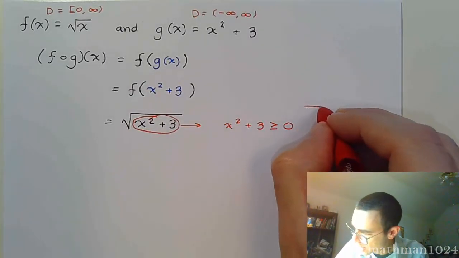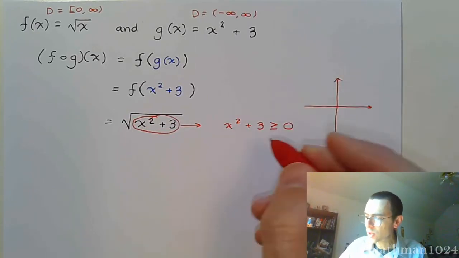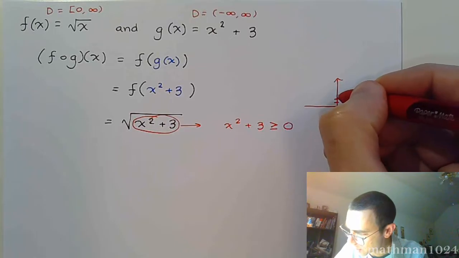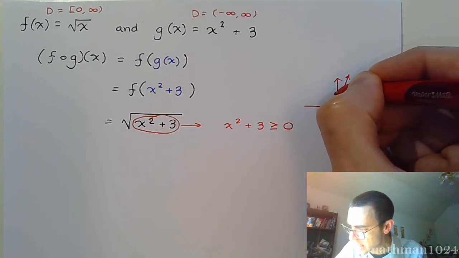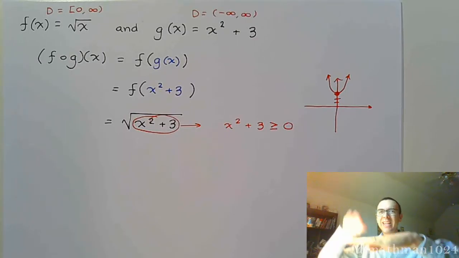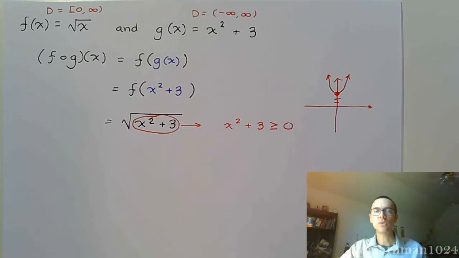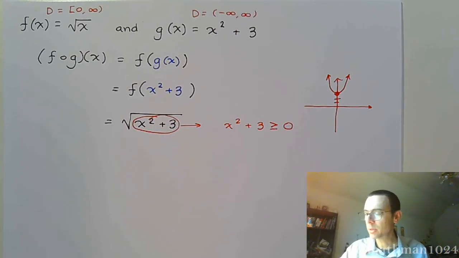If you think about what this looks like as a graph, x squared plus 3 is going to be a parabola whose vertex is right here at 0, 3, and he's going up like that. When we were doing these quadratic inequalities before, we were saying find those critical values where it hits and goes below the x-axis, right? Because that way you can divide it into where he's greater than 0 and where he's below 0, that bottom part of the parabola.